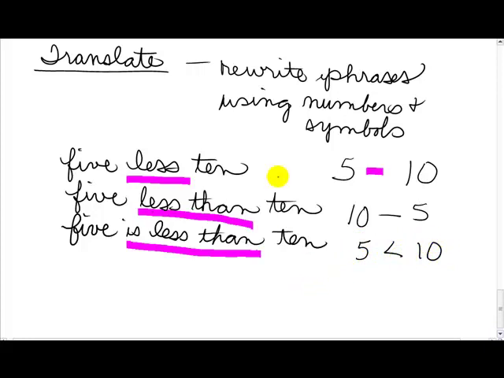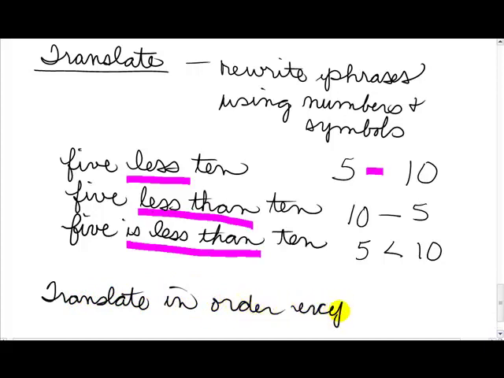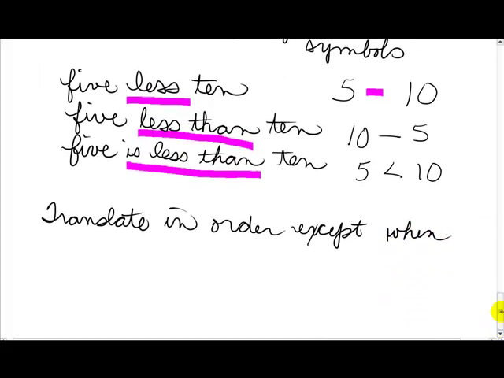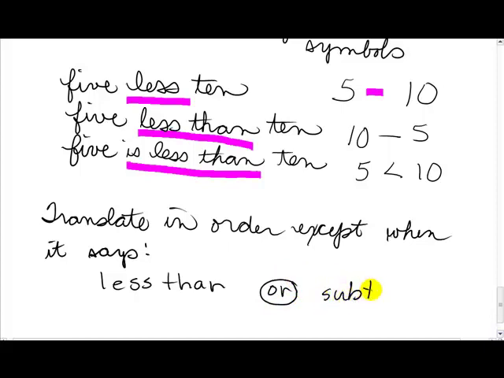So when we translate, we go in order, except when it says less than, and there's one more, subtract from.